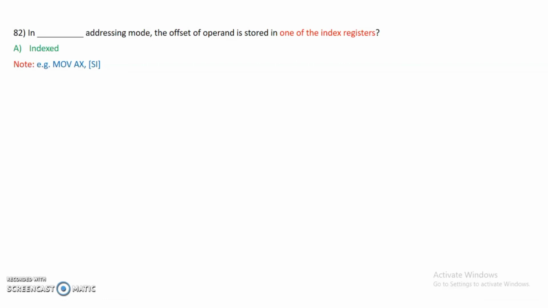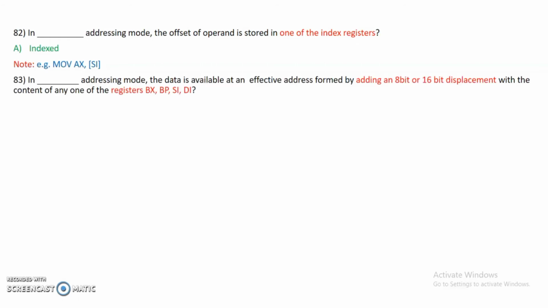That particular value stored in the SI register, I am moving on to the AX register. It is nothing but index addressing mode, where the offset address of the operand is stored in the index registers. We have two index registers, SI and DI. SI stands for source index and DI stands for destination index. So make a note of it.